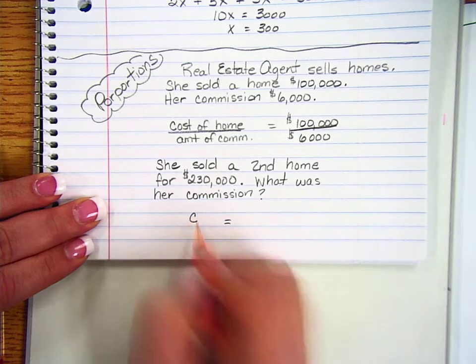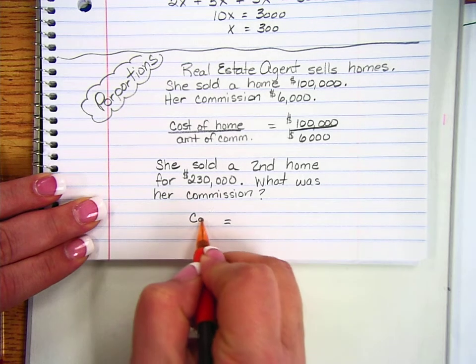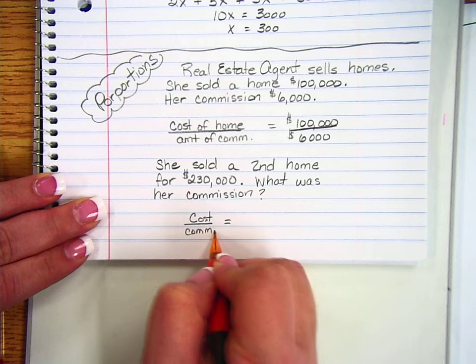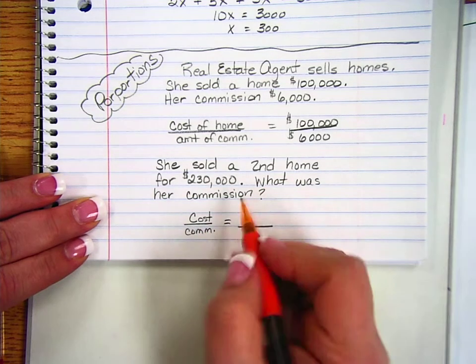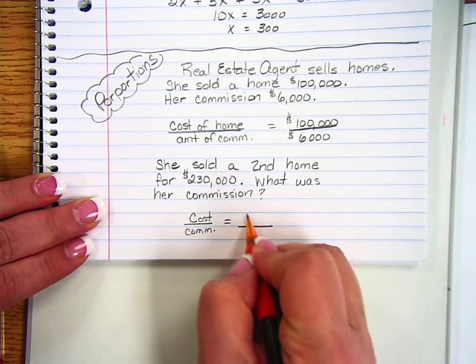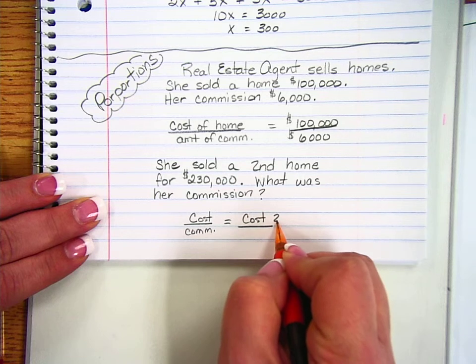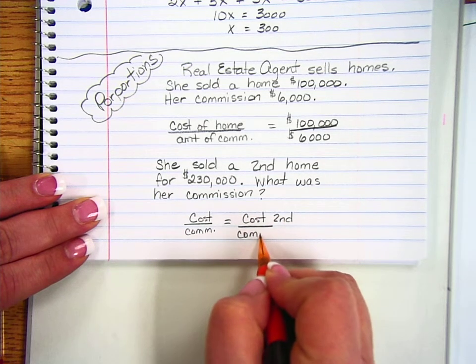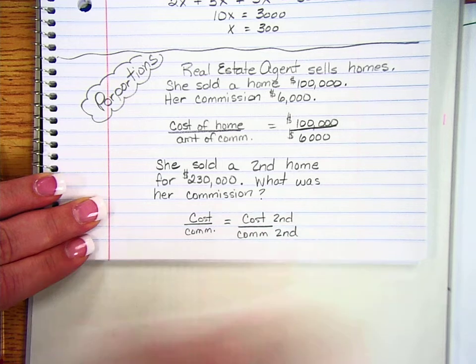The cost of the home over the commission, what should that equal over here? The cost of the second home over her second commission. I'm just going to put it like that.